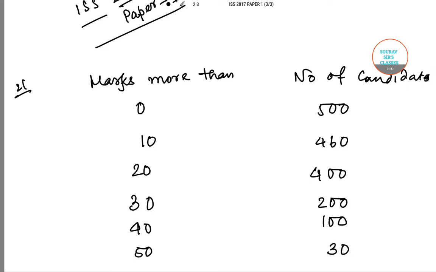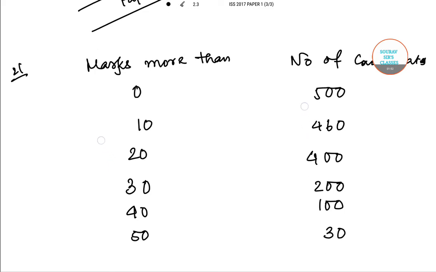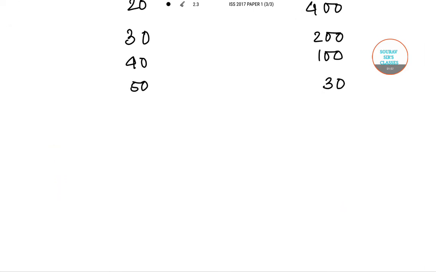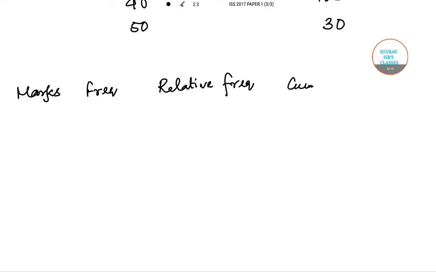In question number 21, we are asked, if 60% of the candidates pass the paper, then what will be the minimum marks obtained by a pass candidate? Okay. So now we will recreate this table once again. Marks, frequency, relative frequency, cumulative frequency, and finally the CF.